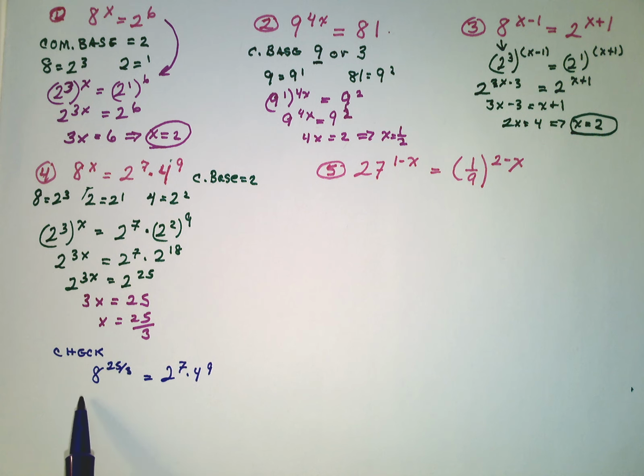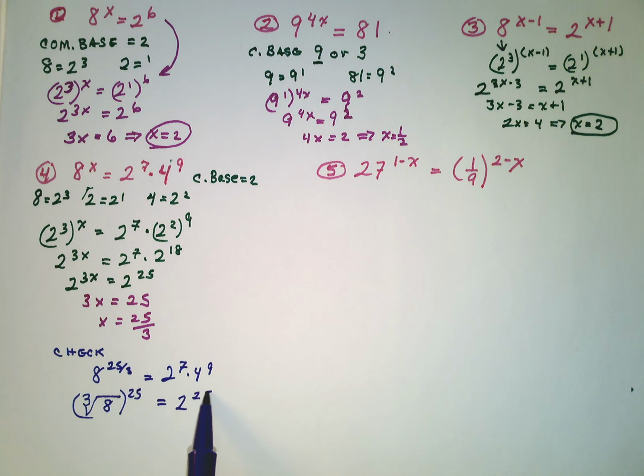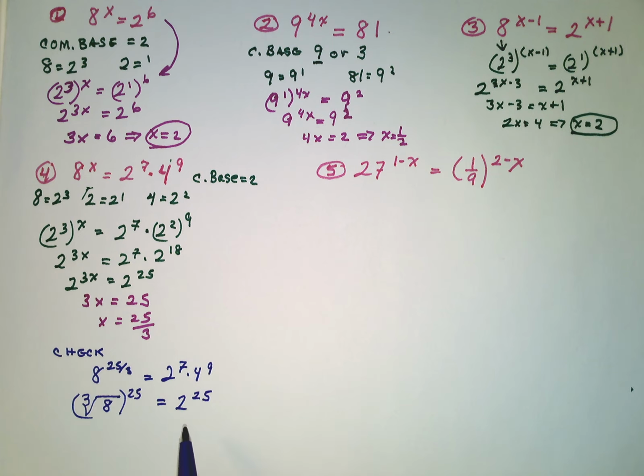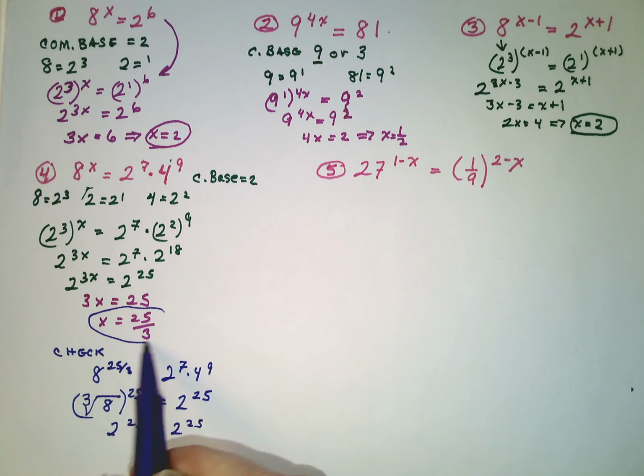So that would be the cube root of 8, and we can say raised to the 25th, equals 2 to the 25th, because we know that that comes out to 2 to the 25th this side. Well, the cube root of 8 is 2. So it does indeed check out.